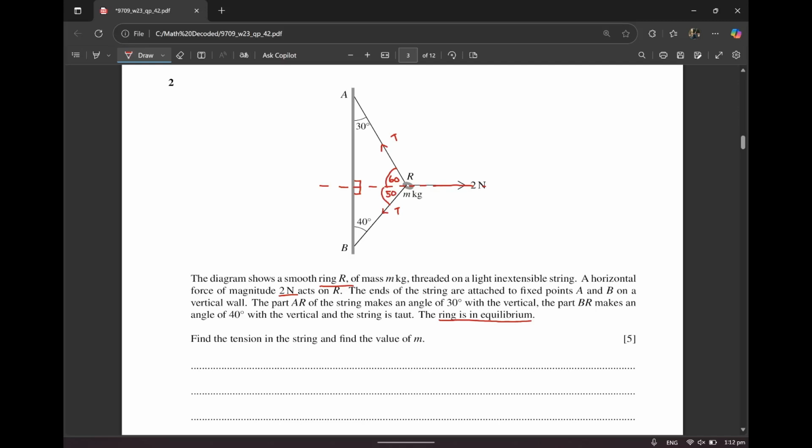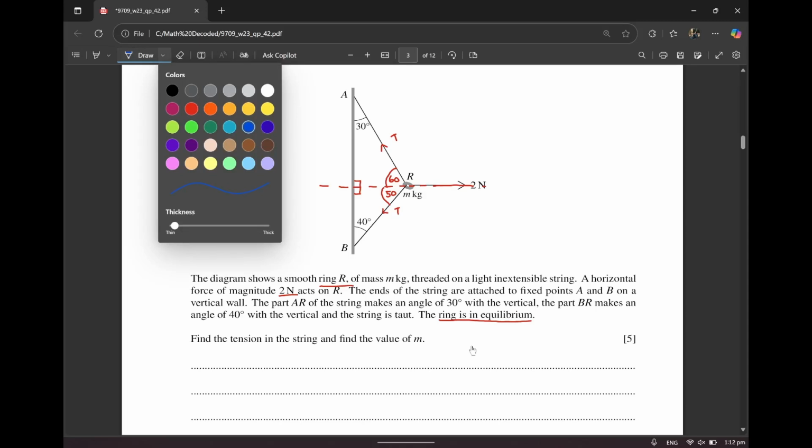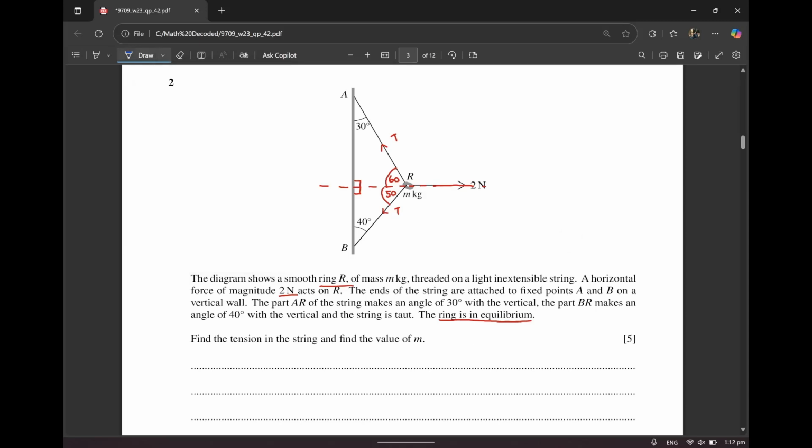Now I'm going to break down my forces into components, and it's always better that you draw a separate diagram for this. Let's say this is your ring. It has a mass of m kg, so the force acting downwards is going to be 10m. Then you have a horizontal force, that's 2 newtons. Then you have these component forces.